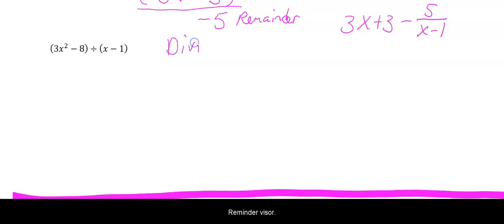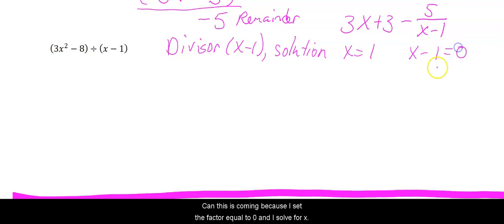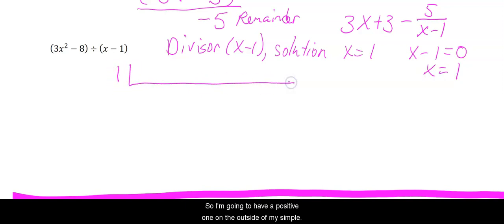So my divisor is x minus 1, which has solution of x equal 1. Again, this is coming because I set the factor equal to 0 and I solve for x. So I'm going to have a positive 1 on the outside of my symbol.